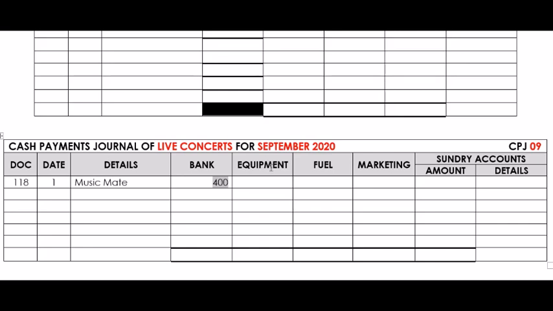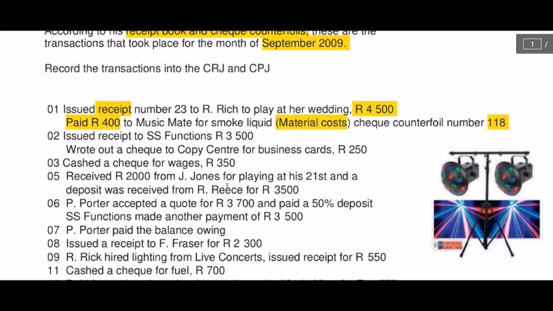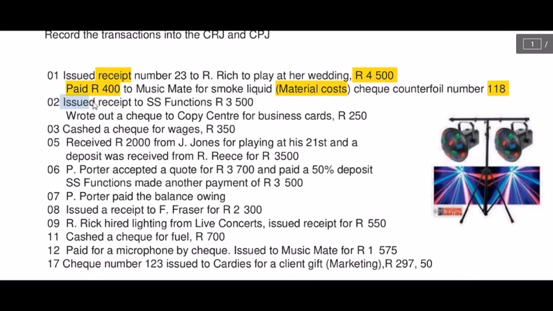Okay, but there is no material costs column. So what do we do? We skip all of these columns and we write it in sundry accounts. Please remember that a value must only go to bank and to one other column. Some of you get so happy you write the value in every single column that there is, which is also wrong.